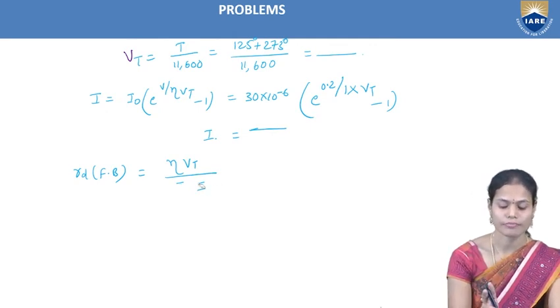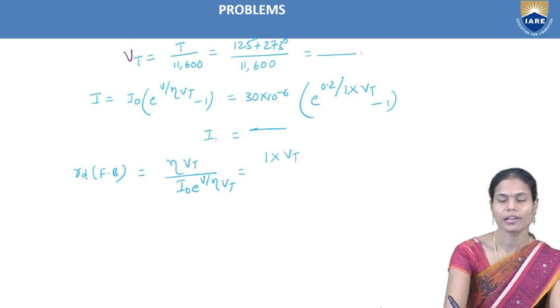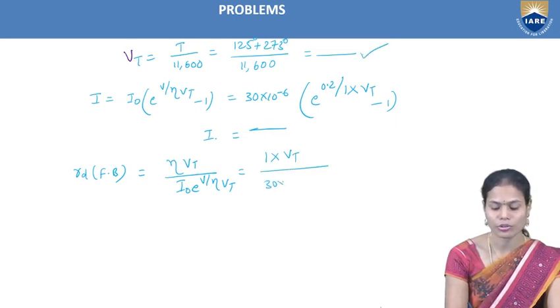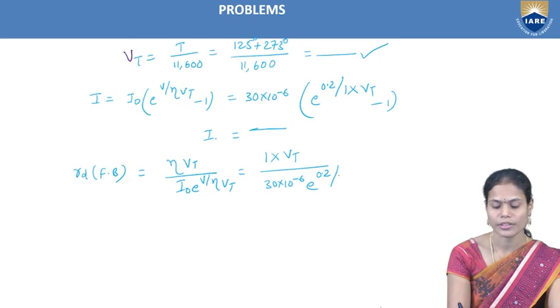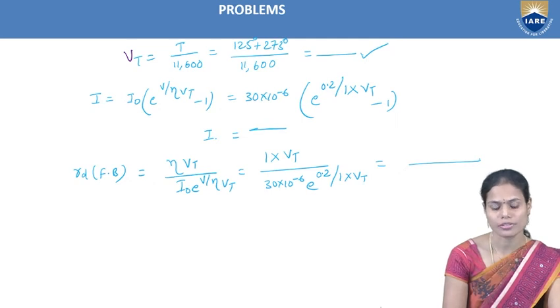So that's why we are using eta Vt by I naught into e power V by eta Vt. Here the eta value is 1 as given in the problem, Vt we have calculated, divided by I naught, 30 microamperes, e power V, given as 0.2 volts in the forward direction. If we simplify this, we will get the forward dynamic resistance.